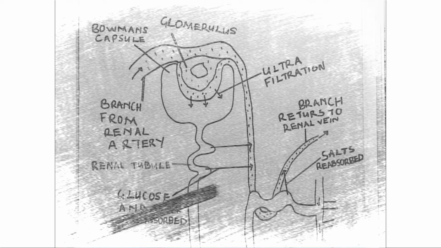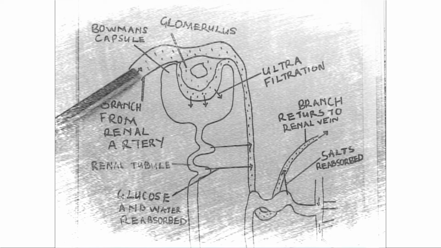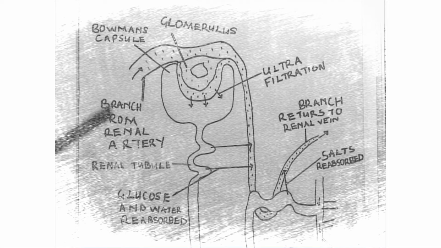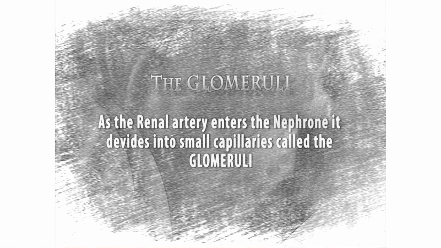Now besides the renal vein and the renal artery, we have the branch from the renal artery that divides into small capillaries known as the glomeruli. We call them glomeruli when there are many, but when it's just one, we say glomerulus.